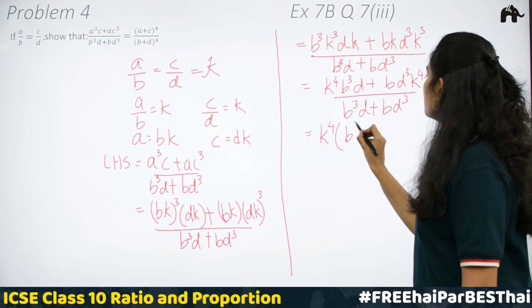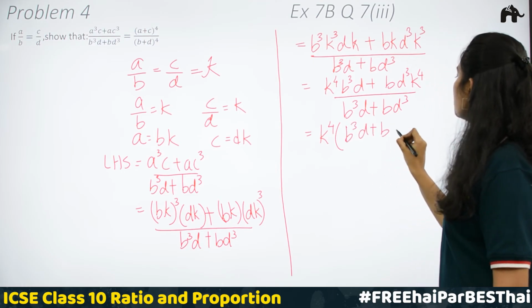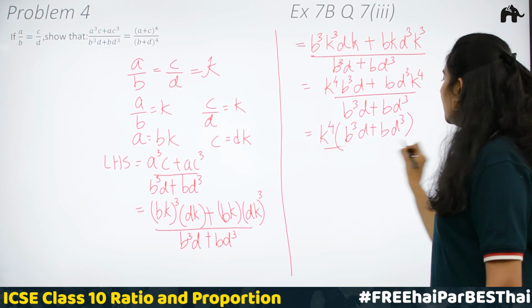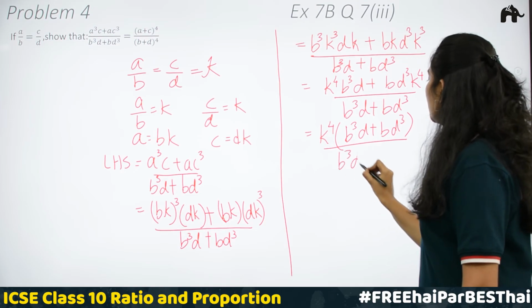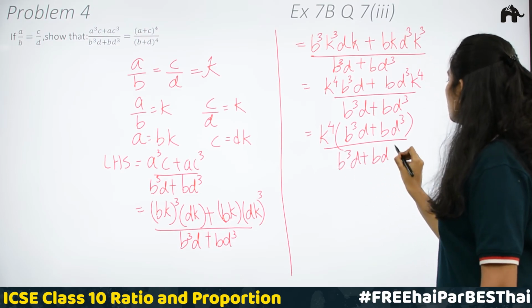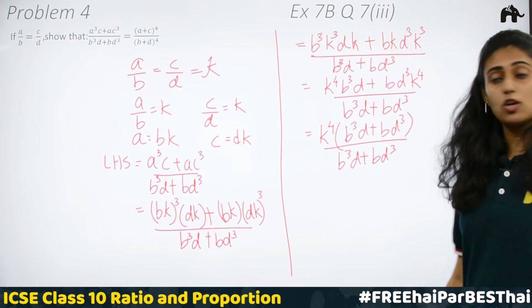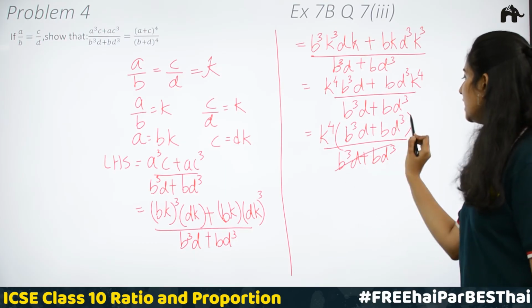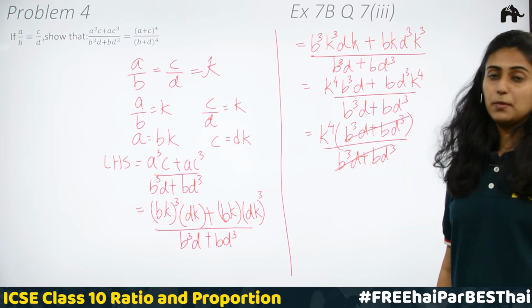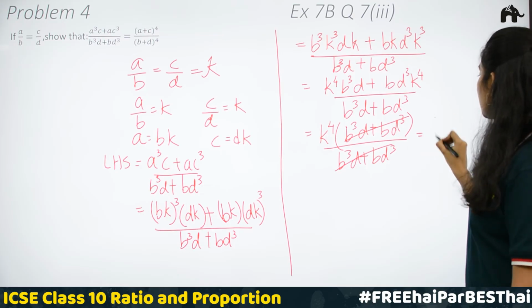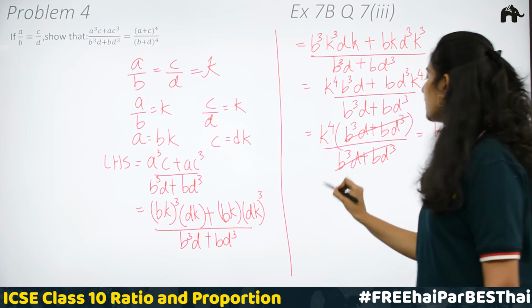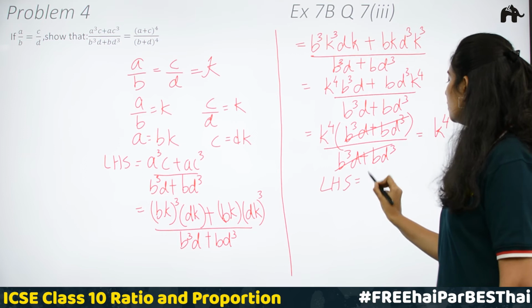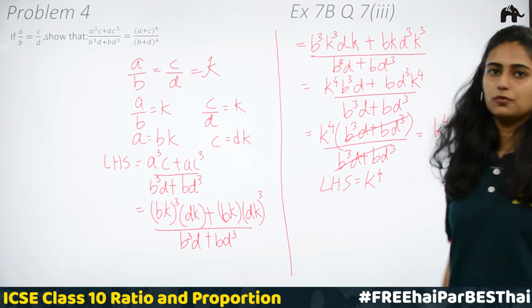Remaining we have B cube D plus BD cube divided by B cube D plus BD cube. From numerator and denominator, this term B cube D plus BD cube can be cancelled. So, LHS is equal to K raised to 4.